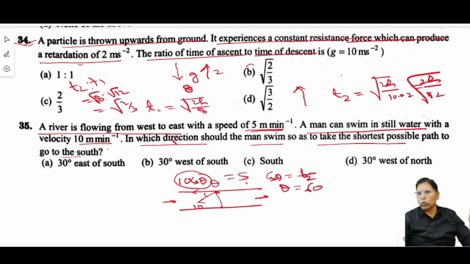So in this condition, the person reaches directly south. Yes, this option is correct. 30 degree west of south. Look at this, this is the 60 degree, so this must be 30 degree. So option B is correct.